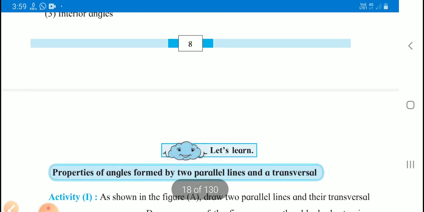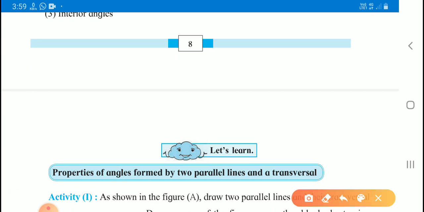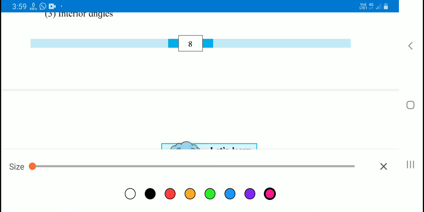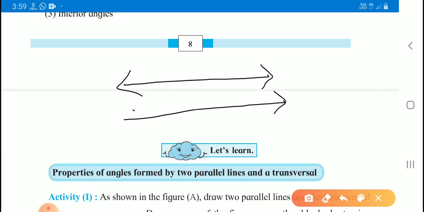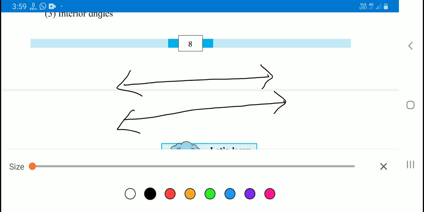One time again I will explain all the types of angles. So see here, first we will draw the figure. I will take two parallel lines and the transversal.